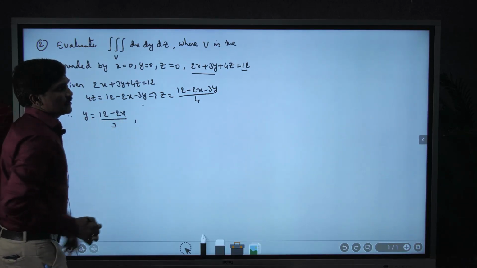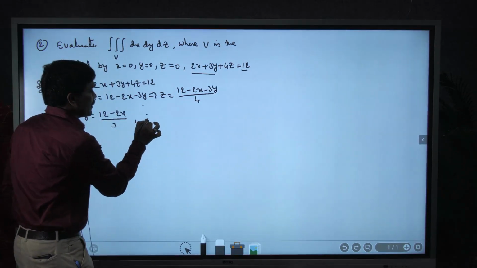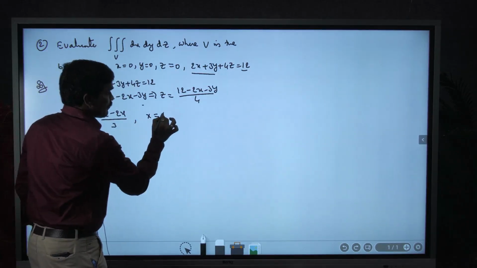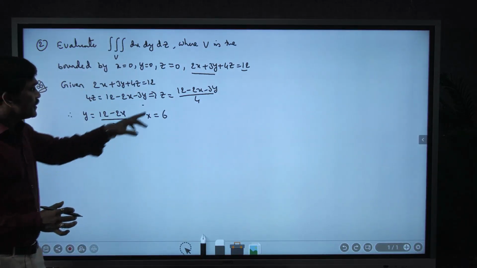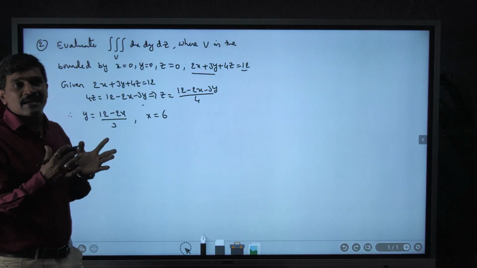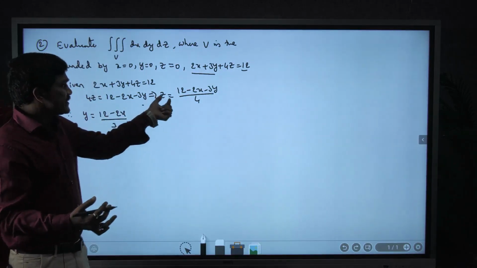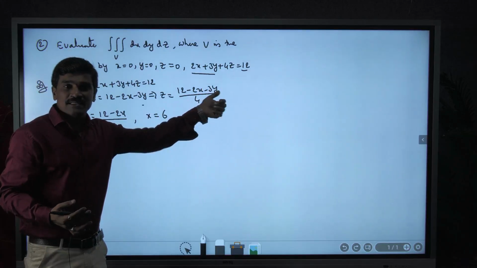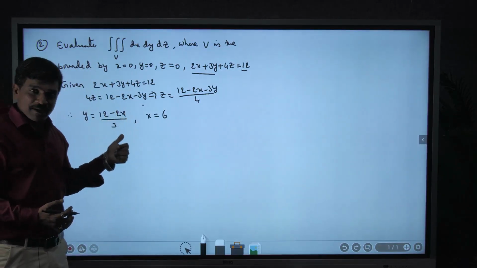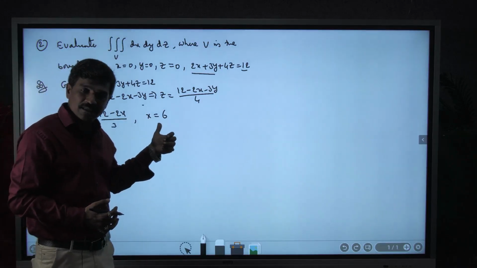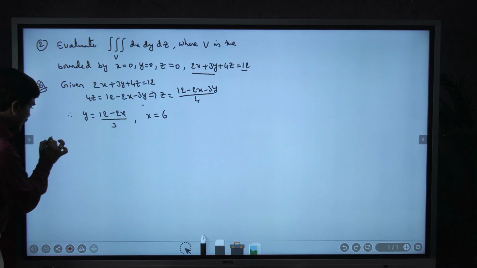Then for x, 2x is equal to 12, then x is equal to 12 by 2, which is 6. So the limits vary: z from 0 to 12 minus 2x minus 3y by 4, y from 0 to 12 minus 2x by 3, and x from 0 to 6. Now write the given integral.